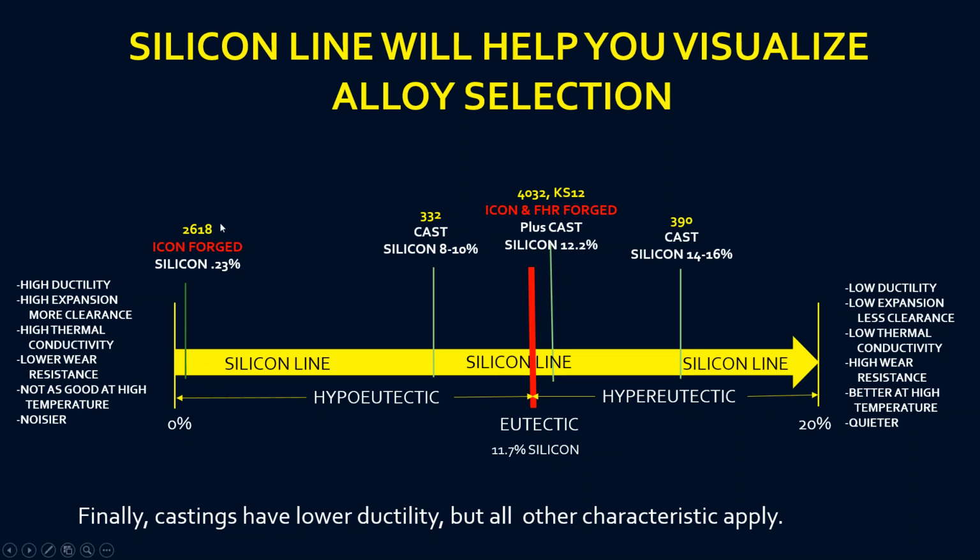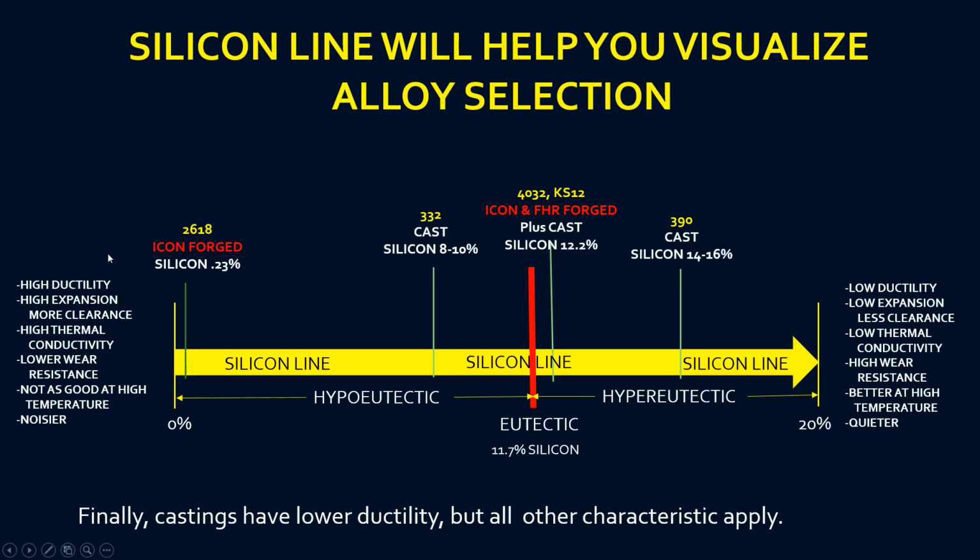We show our 2618, which, by the way, is the same basic alloy that most all piston manufacturers use. It has less than 1% silicone in it, and that's always in a forging, left on the silicone content line. So it's very ductile. It can absorb the shock. It will expand more because it doesn't have the silicone in it, so you'll need more clearance.